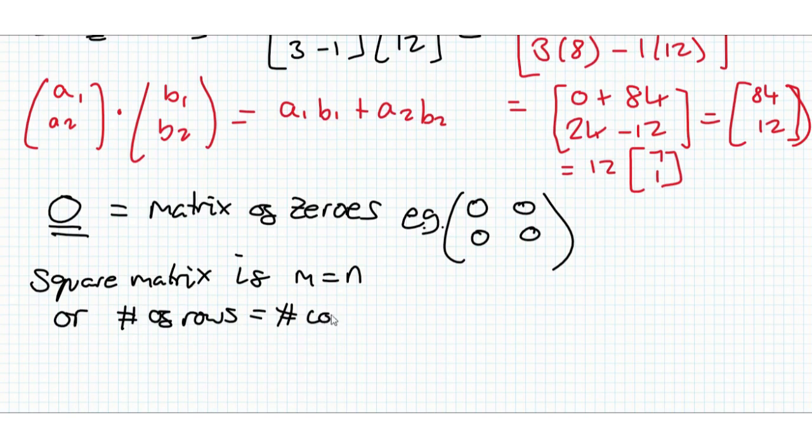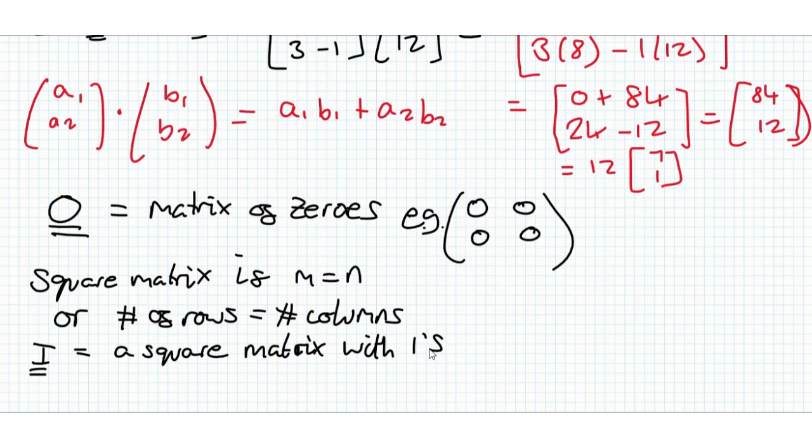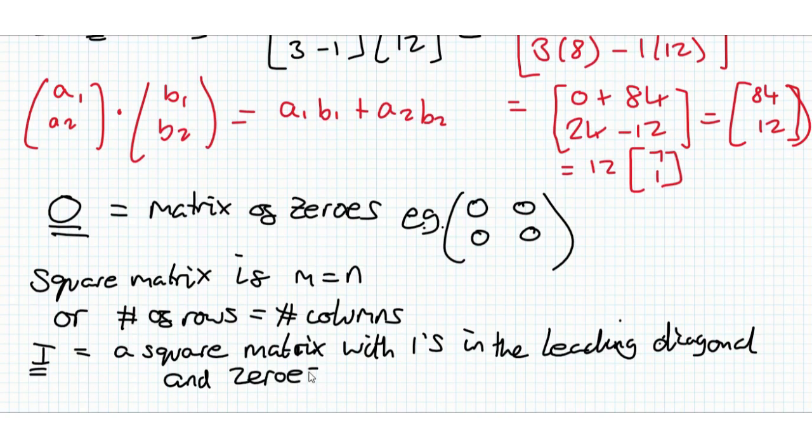So now, an identity matrix is a square matrix with ones in the leading diagonal and zeros elsewhere, and we're going to look at some examples.